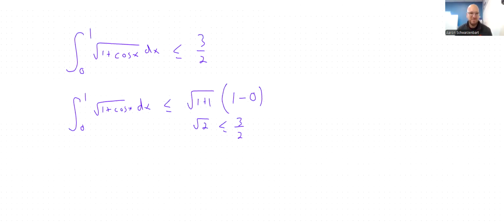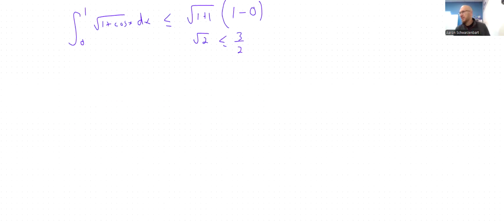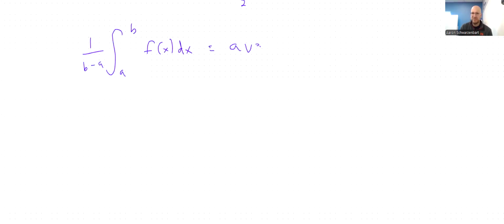Now, something useful. You need to make sure you know this, and this is going to show up again the first day after break in that lesson. The average value of a function. Keep in mind that this integral part gives me the area, right?